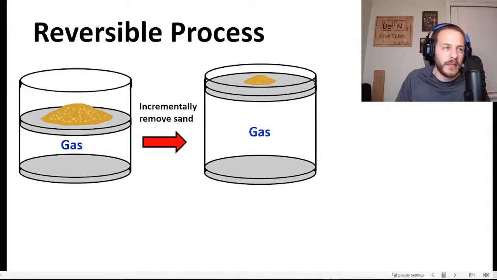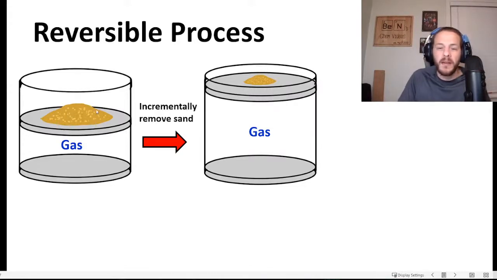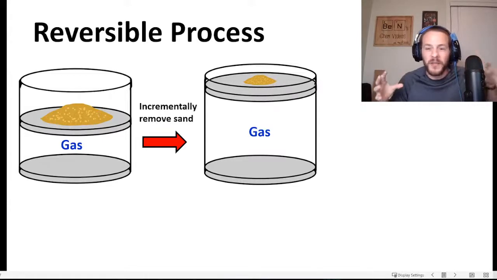And so this is a little diagram of a process that is close to, but not quite, reversible. Imagine you have a pile of sand on this piston, and you have some reaction here that's producing some gas, building up pressure. And you have the weight of sand that is almost identical to the pressure of the expanding gas.